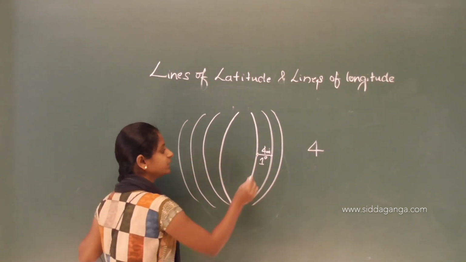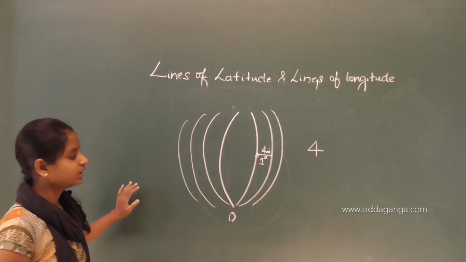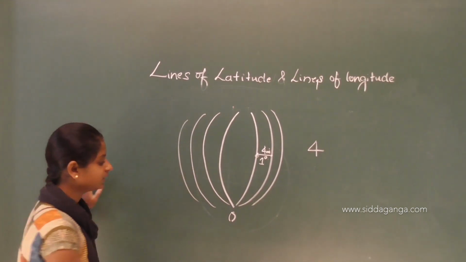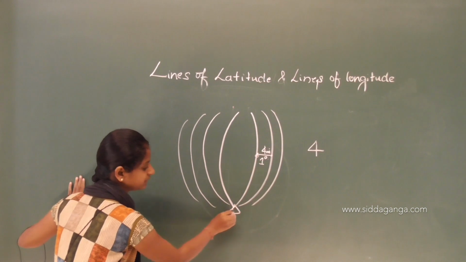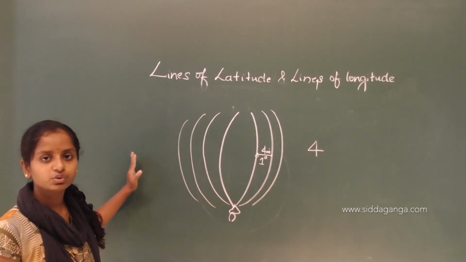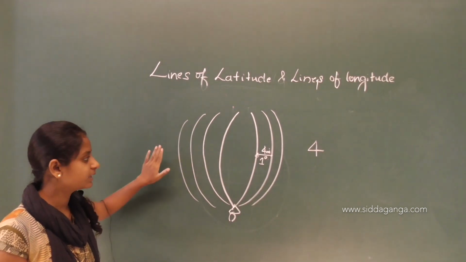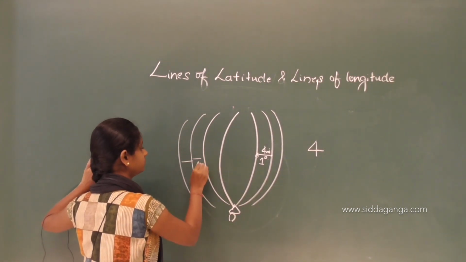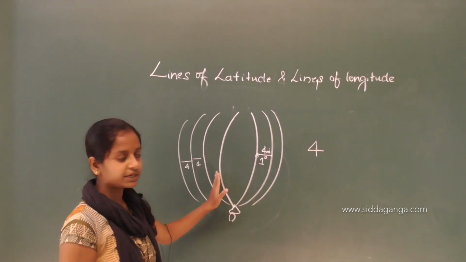If we want to know the time of this place, we should add 4. If we want to know the time of this other place, we should subtract. The time is decided by the main meridian. If we want to know the time of a place on this side, we should subtract 4, or whatever the difference is, from the main meridian time.